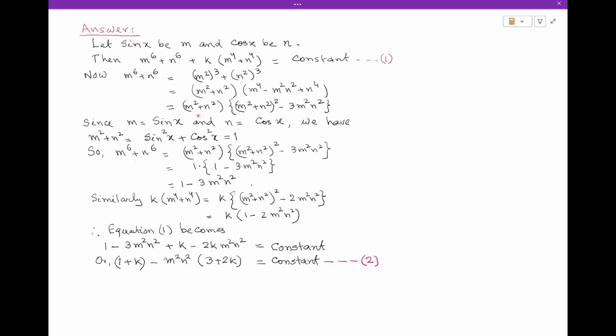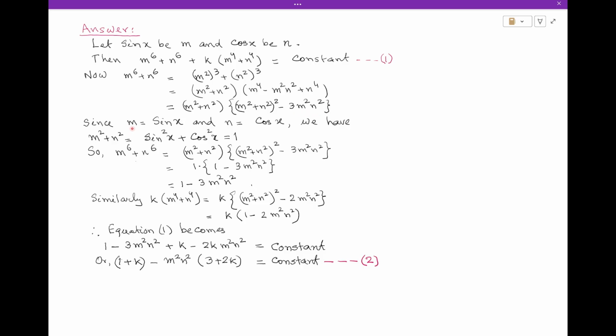That is equal to m square plus n square whole multiplied by, again we can rewrite this as, m square plus n square whole square minus 3m square n square.